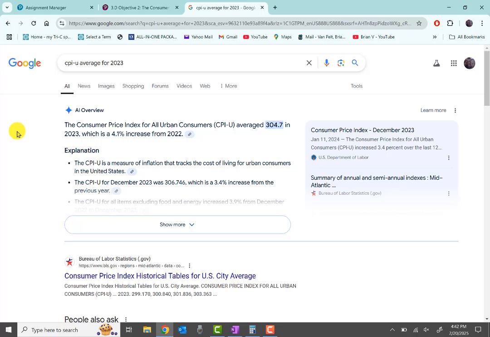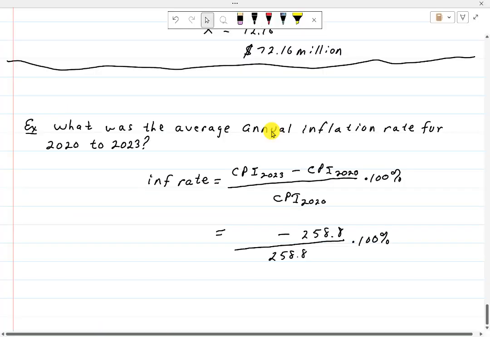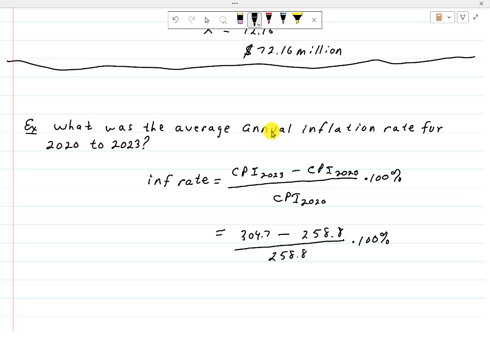Now, when I did a search for this number, look what I searched on. I did CPI-U. I'm not exactly sure what that -U is, but I typed average for 2023. They'll give you some percentages and things like that, how much it increased from the previous year. But I'm only interested in this number, which is 304.7. So I'll put my 304.7 there, and I'll let my calculator handle the rest.